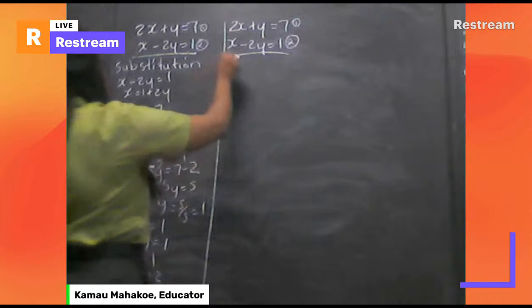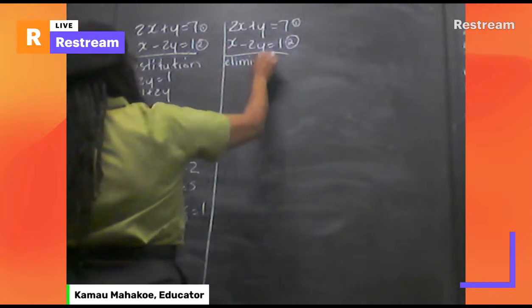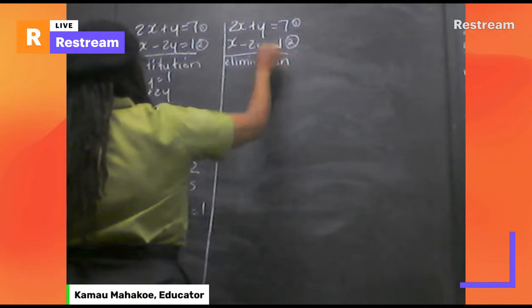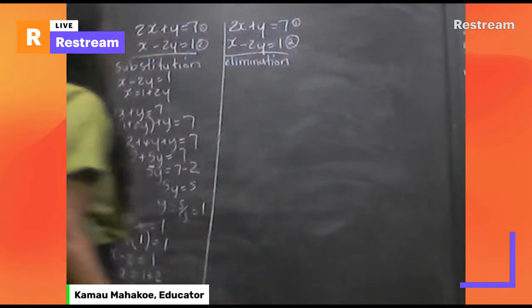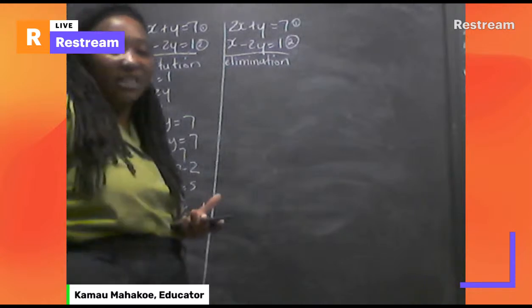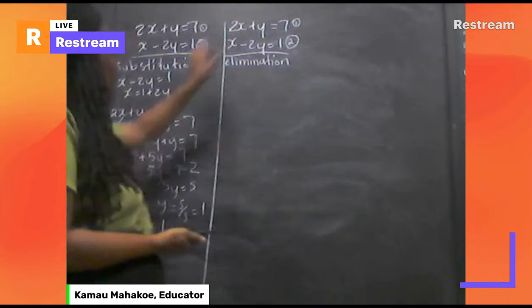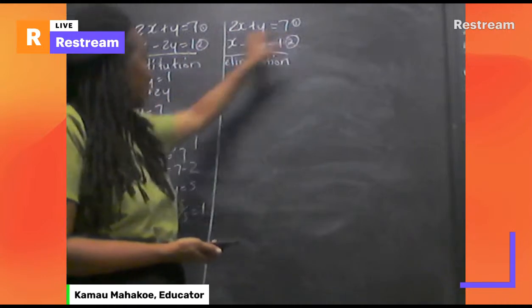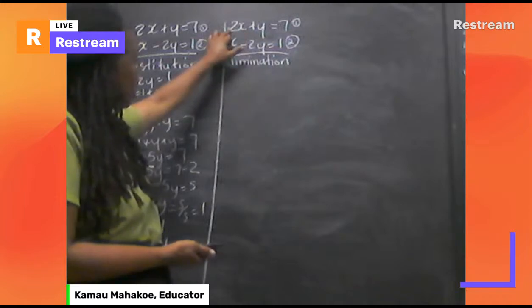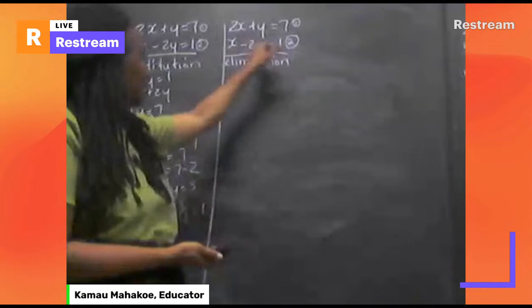So let's use elimination method. Remember we said we need to multiply one equation by the corresponding coefficients of the other equation. You could use this equation times 1 and this equation times 2, or this equation times 2 and this equation times 1.